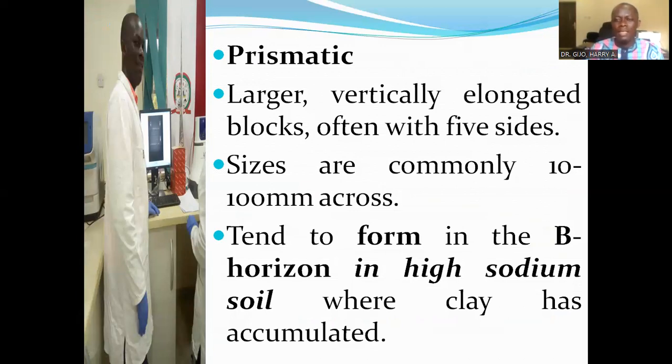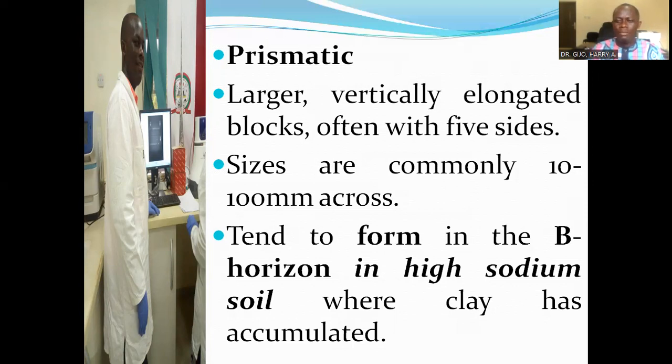The prismatic structures are larger vertically elongated blocks, often with 5 sides. The sizes are commonly from 10 to 100 millimeters across.